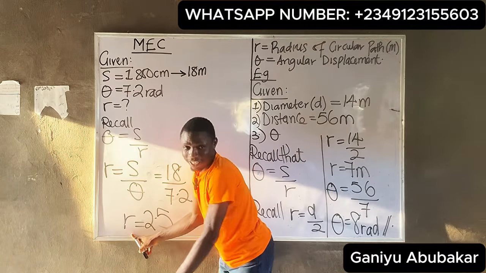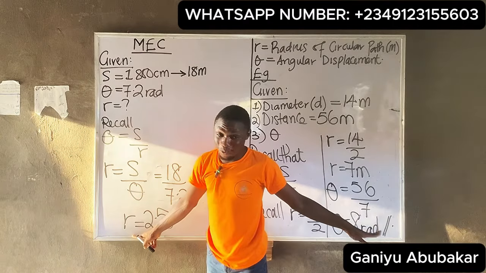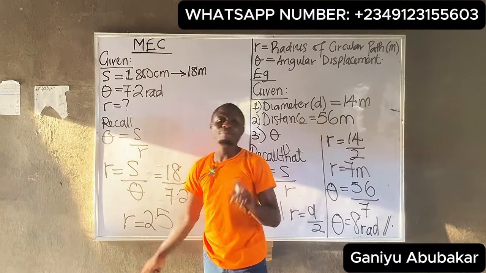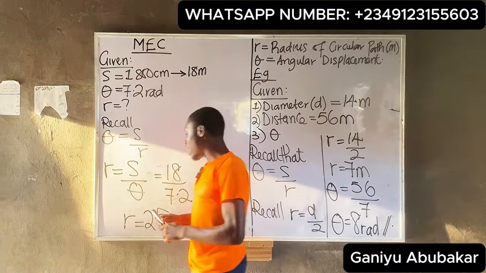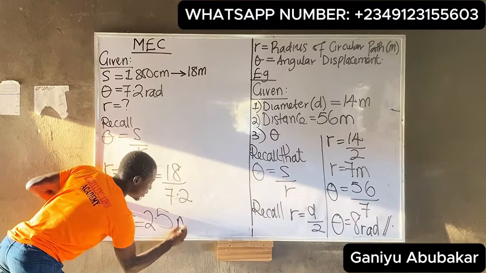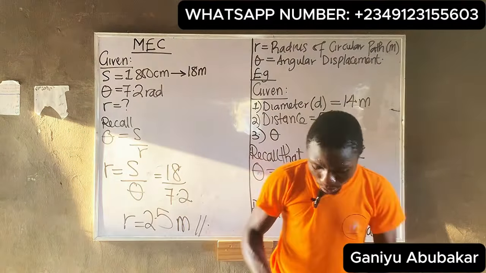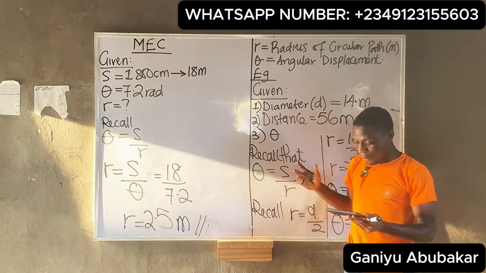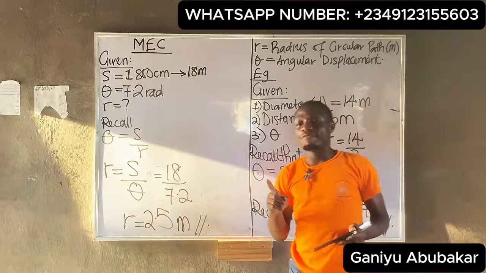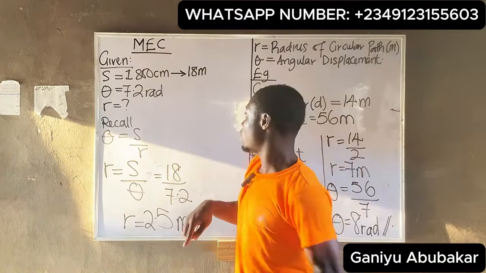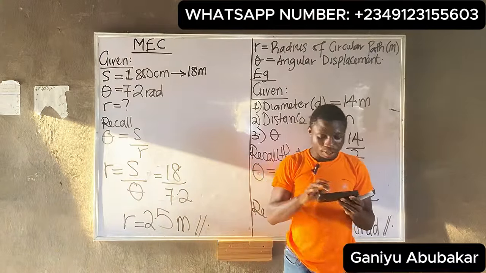We said radius is in meters, not in rad. That's all. Are we good? Any question? Please always convert to meters. Important.